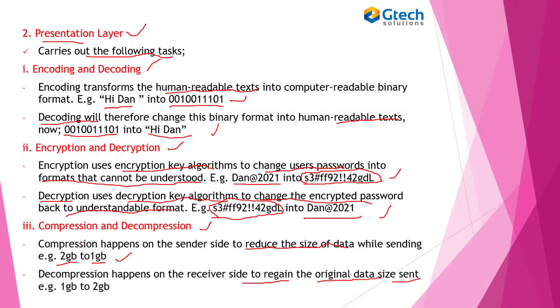So in compression, you are reducing the size of data to send it, but while receiving it, data is decompressed back to its original size. Like 1 GB is decompressed back to the original size, which was 2 GB. I hope you understand the three functionalities of the presentation layer. Let's move forward.